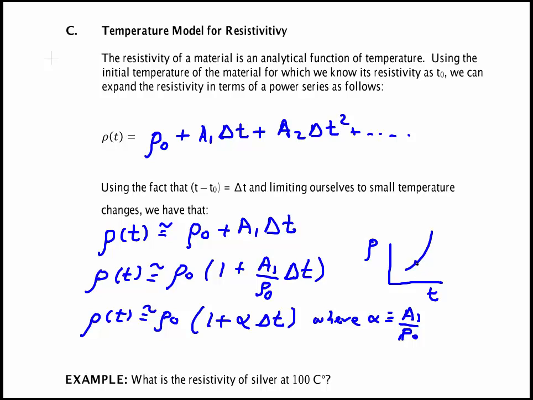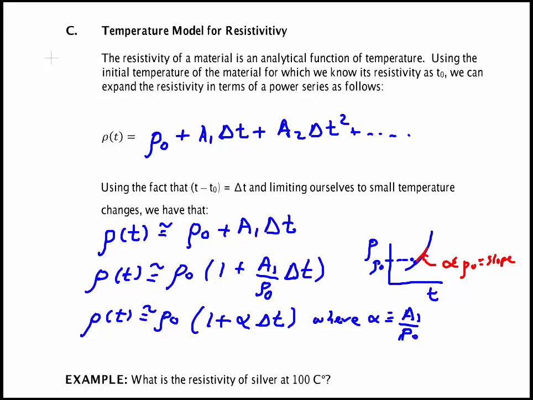But I can take a value here, rho naught, and at that location, I can fit this curve for short distances with a straight line, whose slope is alpha times rho naught. This alpha has a name. It's called the temperature coefficient of resistivity, and it's given in the table along with the value rho naught.